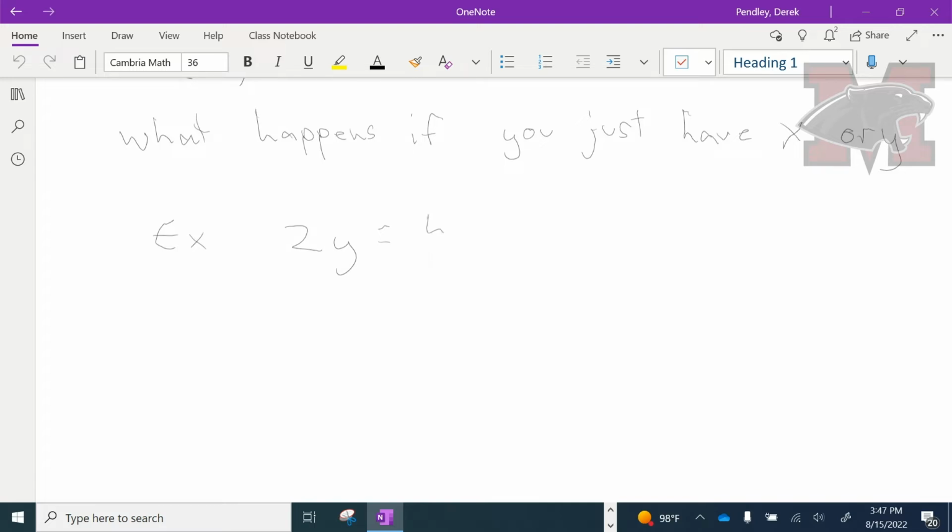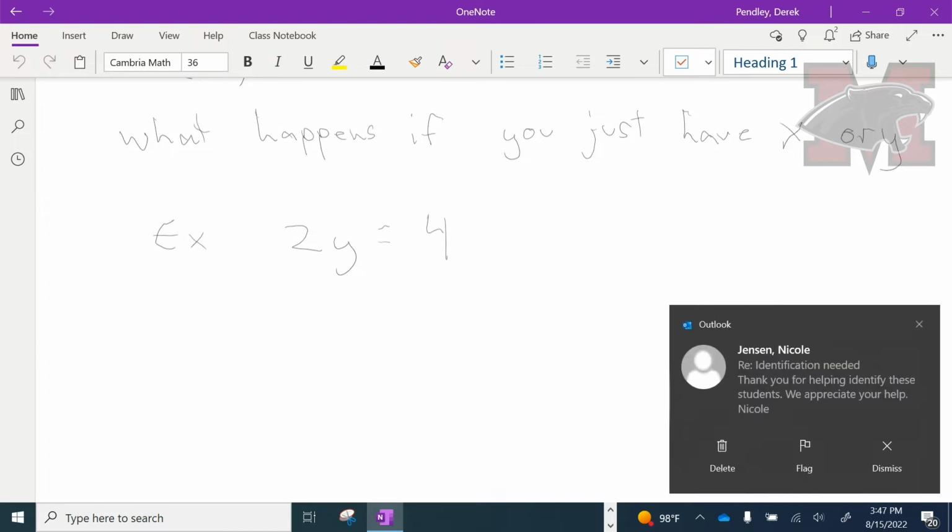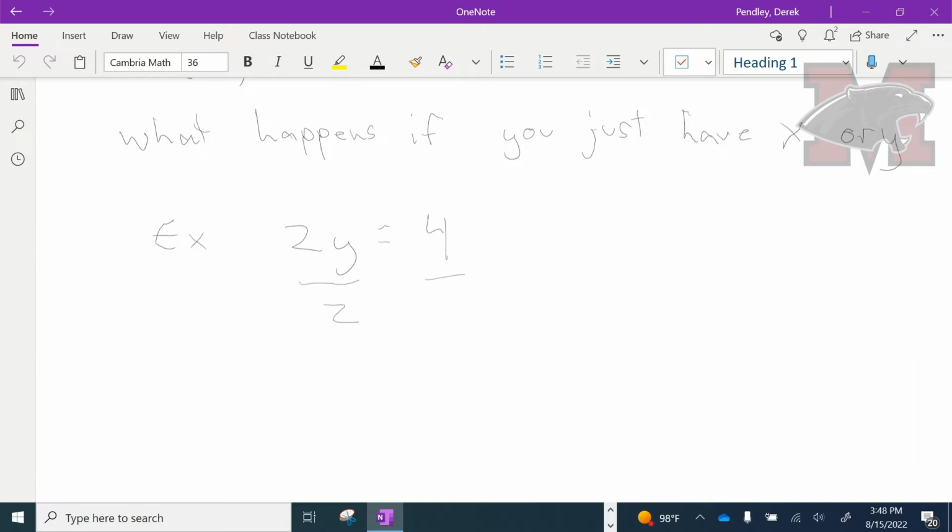So if 2y is equal to 4, notice we don't have an x value here. But I can solve for y. So if I divide both sides by 2, I get y is equal to 2. Well, if we go back to what we've done so far in class these 2 weeks, it's understanding the concept that when I ask you to graph something, you're really just justifying to me a picture of what the solutions are.